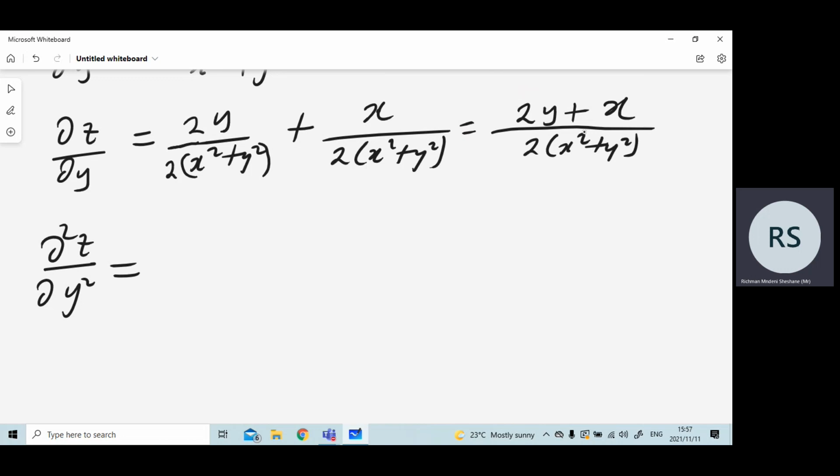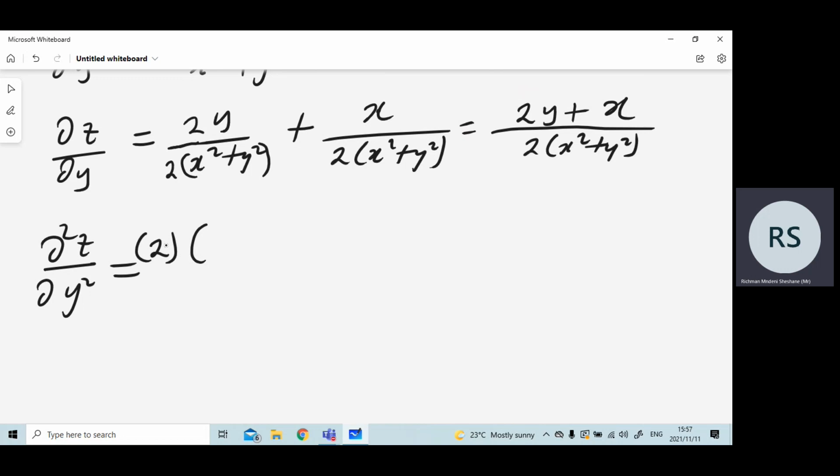So let's derive this. This is a fraction, so we apply the quotient rule. Quotient rule: derivative of the numerator with respect to y. The derivative of the numerator is 2, while we leave the denominator, 2 times x squared plus y squared. Let's multiply 2 inside.